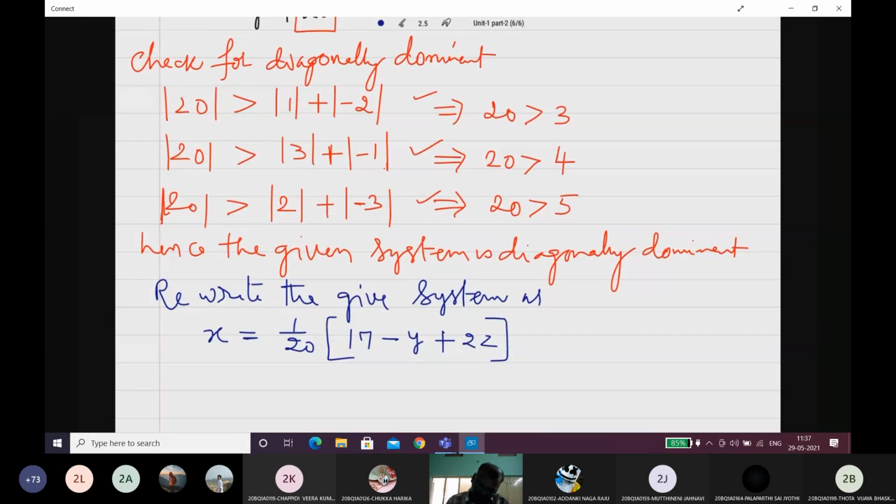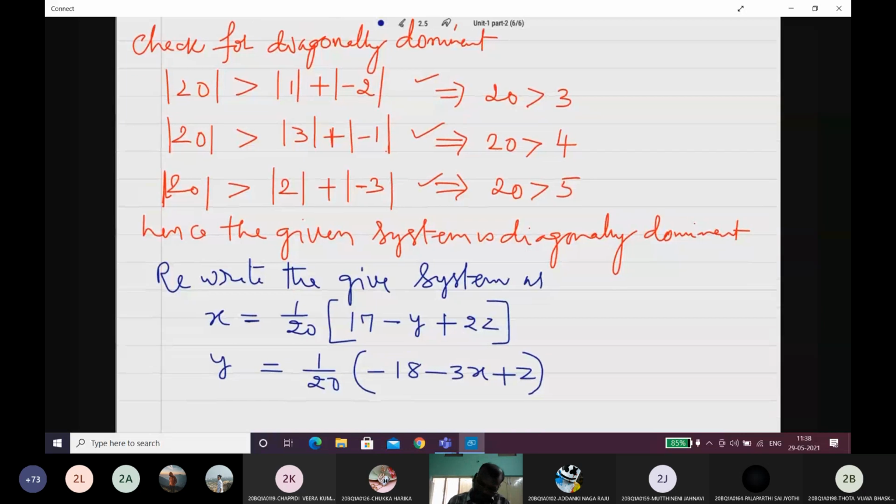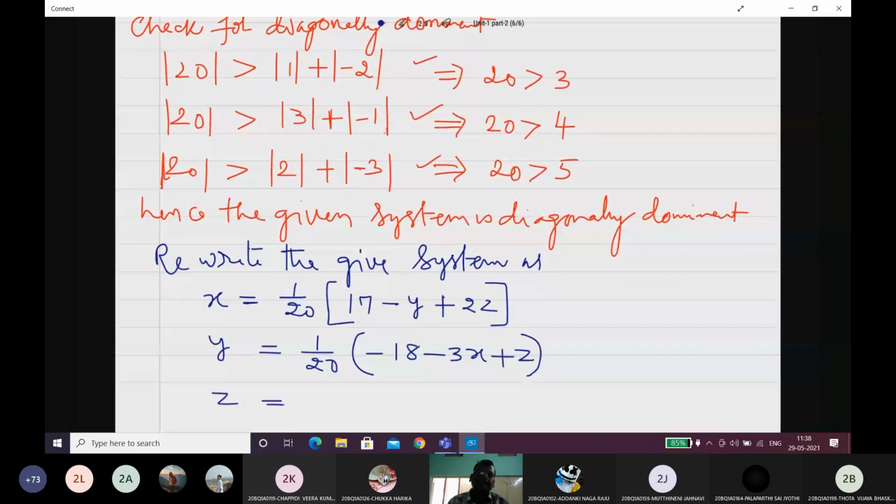From the second equation, y is equal to 1/20 of (minus 18 minus 3x plus z). Okay? Third equation: z is equal to 1/20 of (25 minus 2x minus 3y).